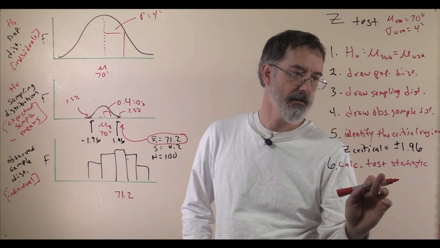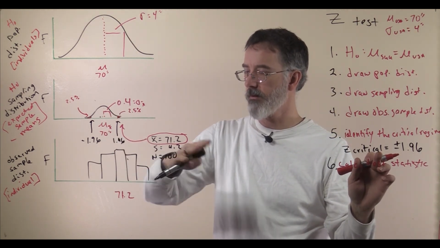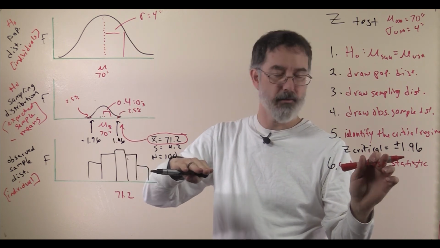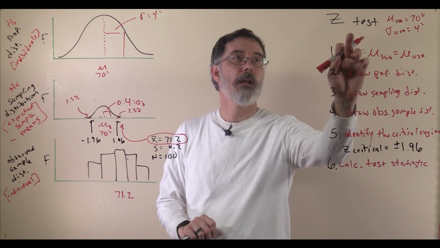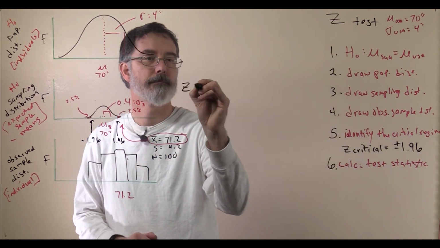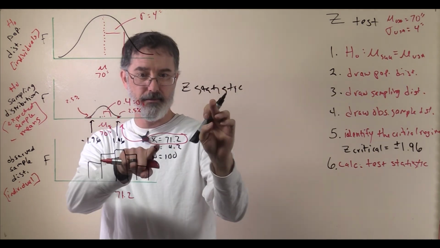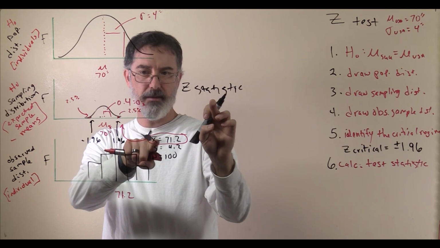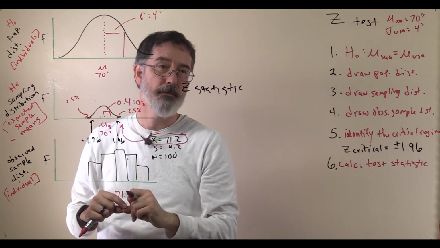And if our test statistic is more extreme, in this case, if our z-score or z-statistic is more extreme than our critical values, we'll reject the null hypothesis. So the test statistic for a z-test is called a z-statistic. And this z-statistic is the z-score of our observed sample mean on this distribution of expected sample means, if the null hypothesis is true.